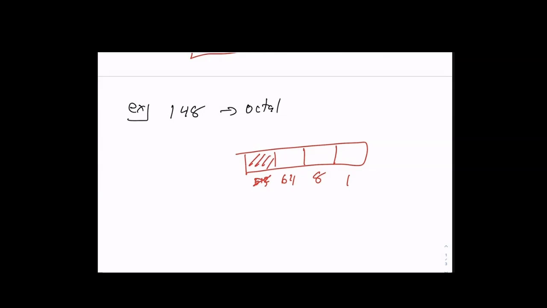I'm going to show this division a little bit differently in form. We're going to take 148 and divide it by 64. How many times does 64 go into 148?